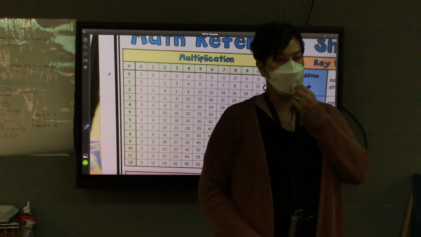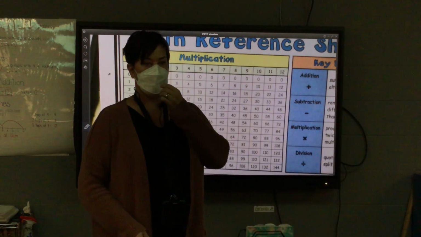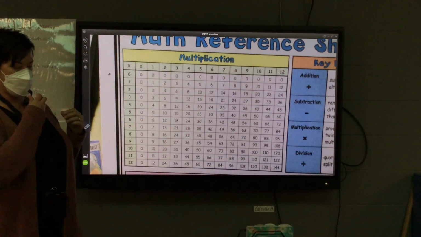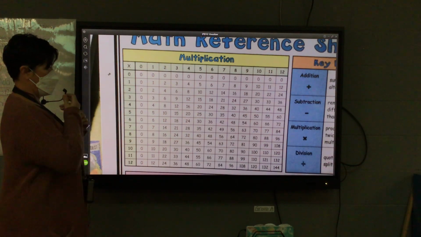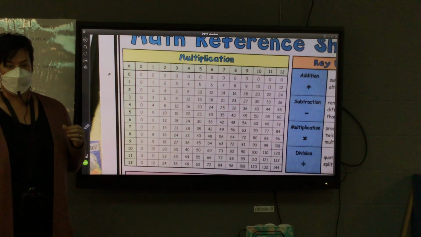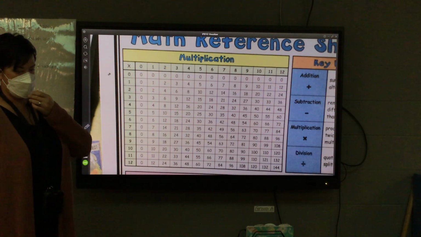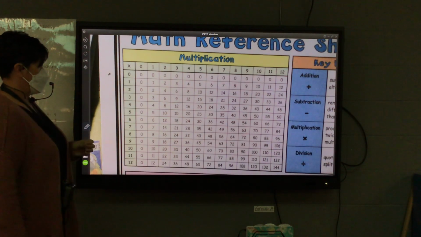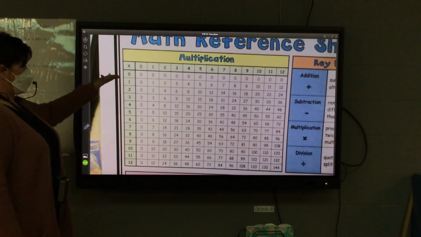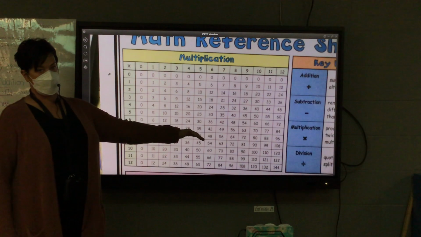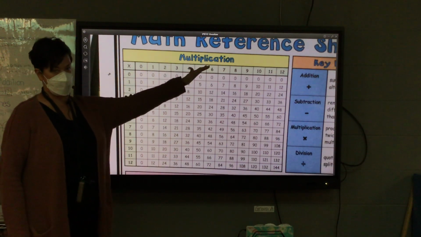All right, now find 7 times 4, and then write that down. Does it matter if you go down and then across, or if you go across and then down?